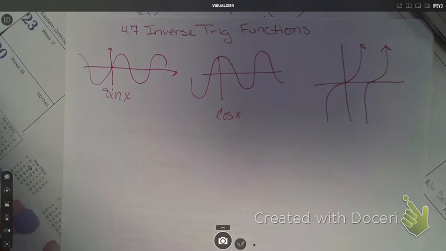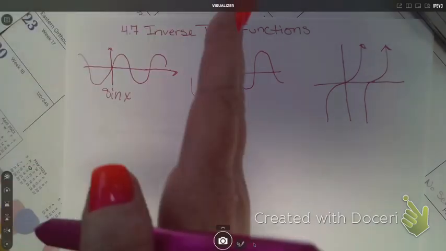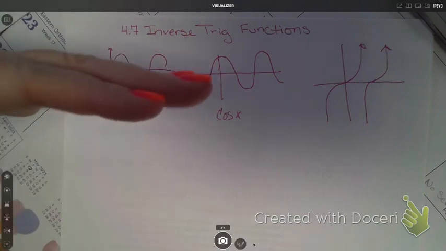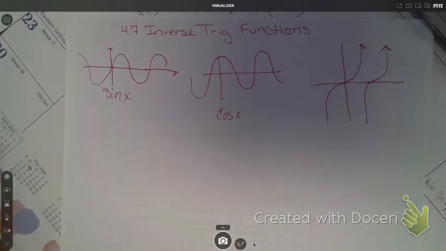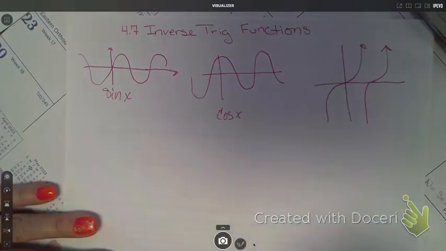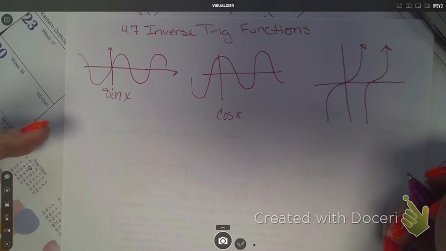What line test do we use for that? Vertical, right? So are all of these functions? Yes. But remember, the horizontal tells me if its inverse is a function, right? So all of these fail the horizontal, don't they? Okay. So they all have inverses. They just don't have inverse functions.